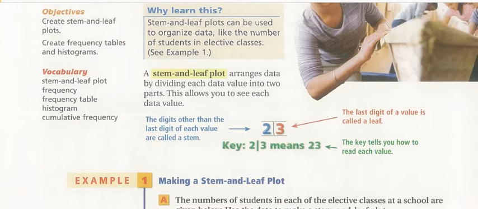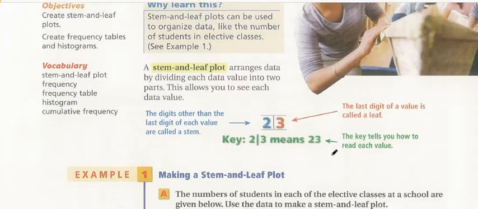And we must have a key to identify what this means, which is if I see 2-3, what does it mean? So you must write a key: key 2-3 means 23. It tells us how to read each data value.